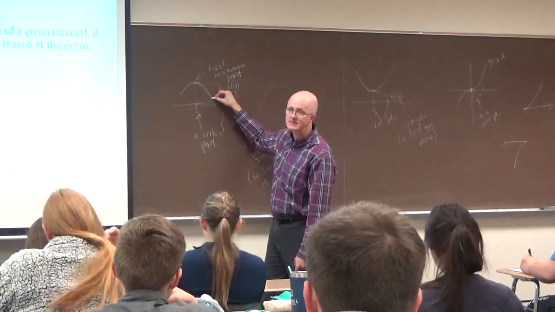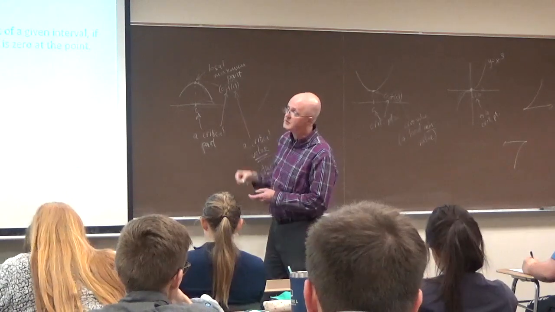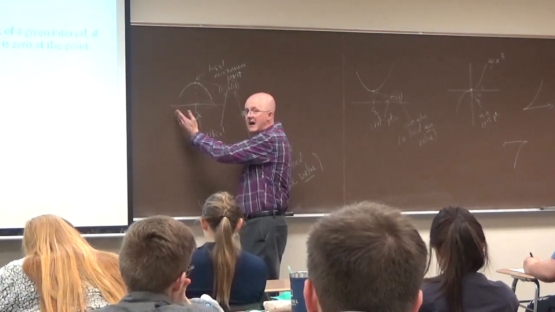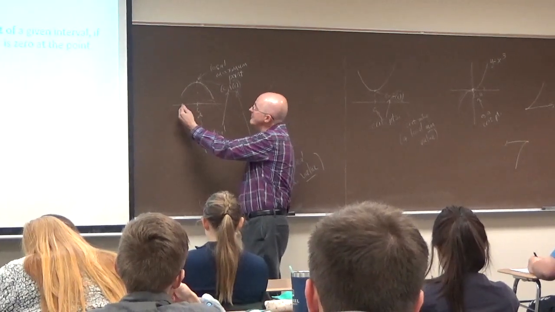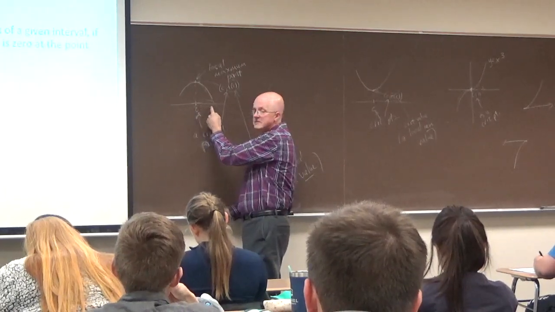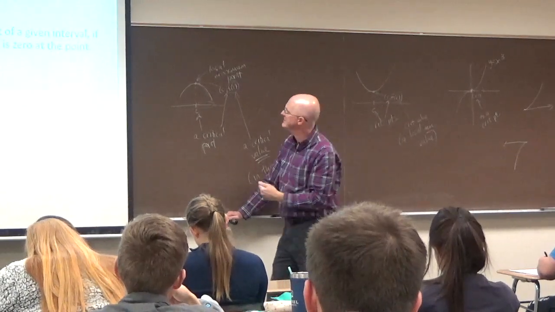Tangent lines have negative slopes. The value of the derivative is negative. So the first derivative test says, if the derivative changes sign from positive to negative, positive slopes to negative slopes here with this function, as x increases through c, then it's got to be a local max. Makes good intuitive sense.